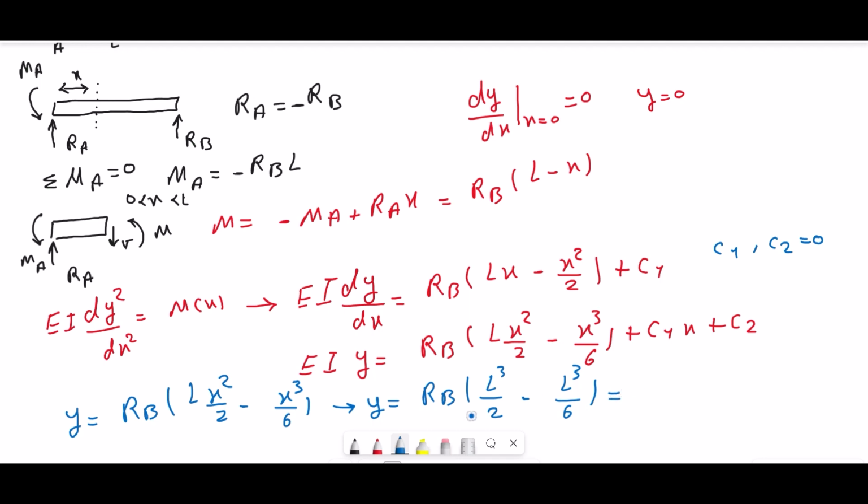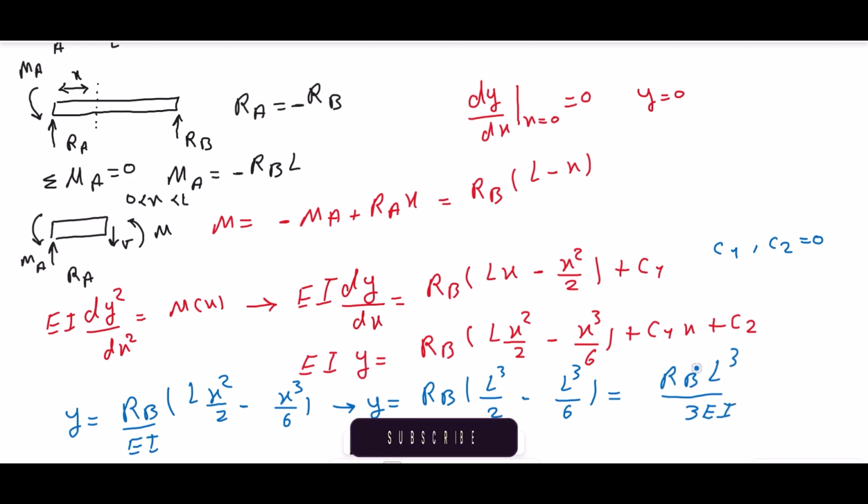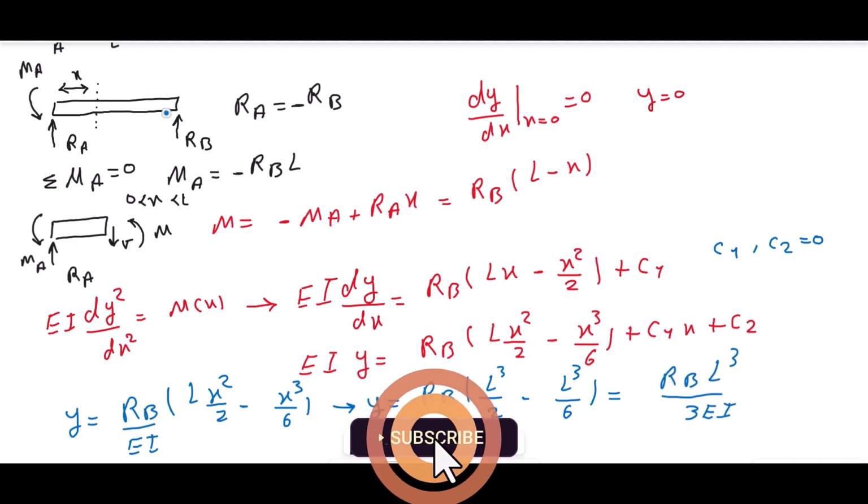And this is equal to R of B times L cubed divided by 3. And we have to divide all of these by EI. So this is the deflection equation for our first beam.